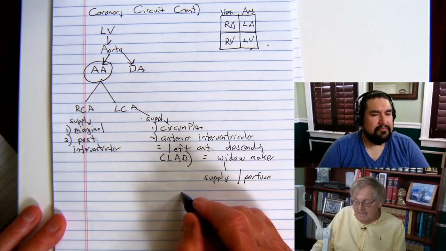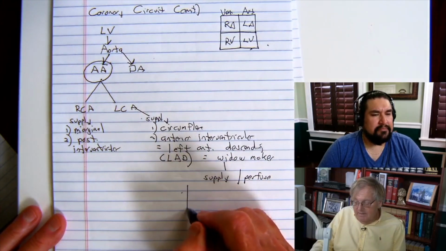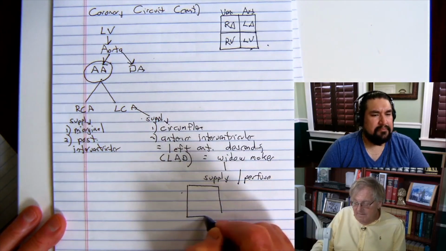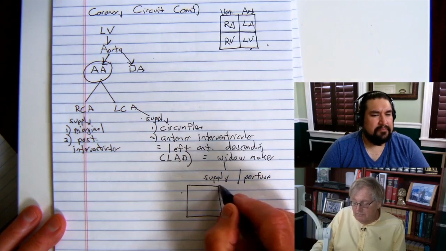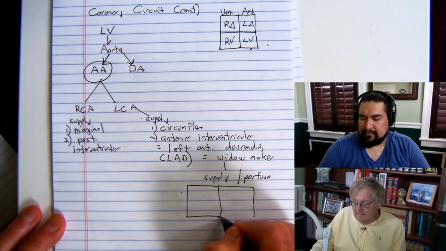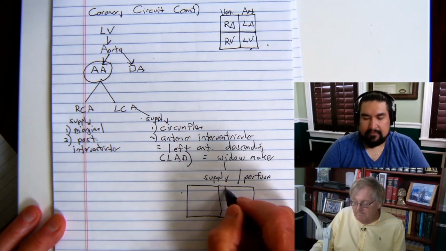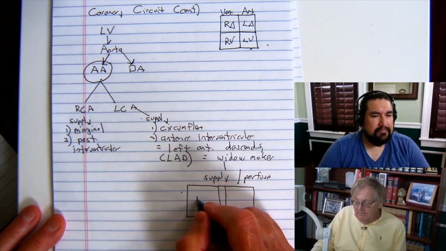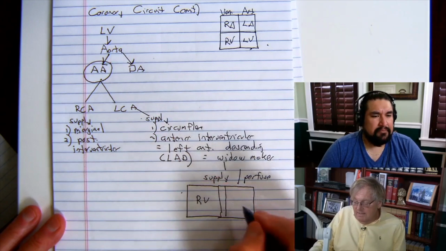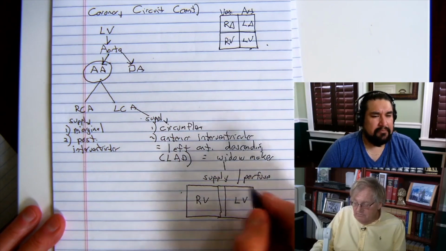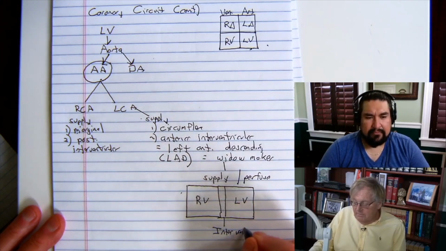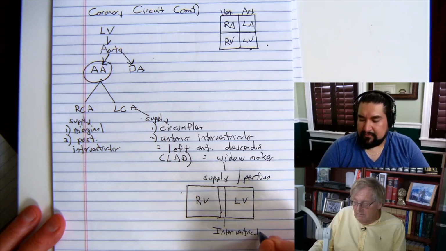So if I just take that box heart here and just make it nice and simple for you for today. And so here's these two lower chambers down here, and here's the wall between them. And that wall, so this is going to be the right ventricle, this is the left ventricle, and this structure right here is called the interventricular septum.